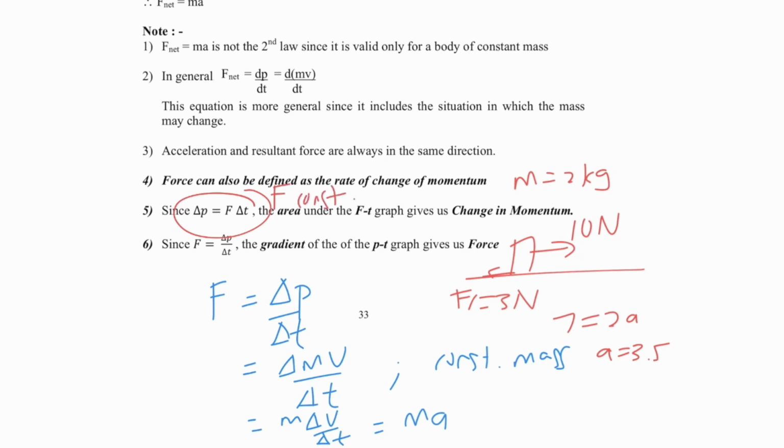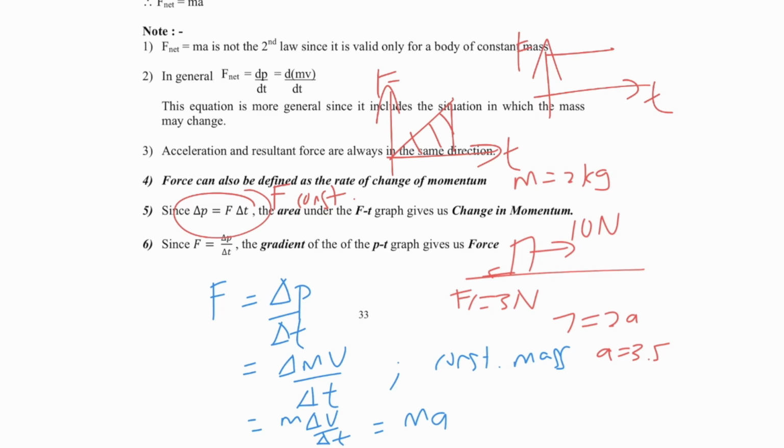If your force is constant, for example, if I draw an F versus T graph and your force is constant, then you can use change of momentum is F times delta T. But if your force is not constant, for example, let's say the force versus time was like this, you must find the area under the graph. That's what it means, to get the change in momentum.